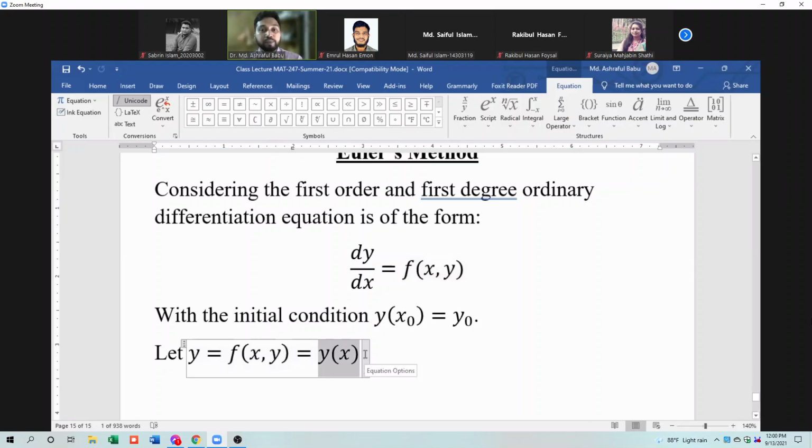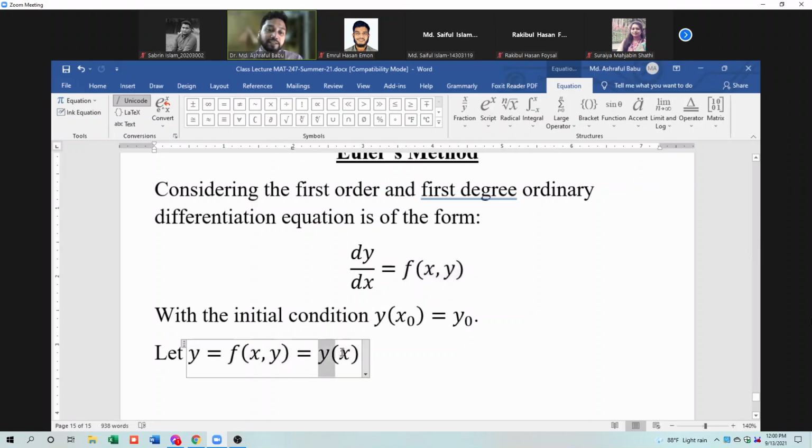Why? Because this is actually an implicit function f of x, y, that is, when we write the function in implicit form. This function basically means one independent variable and one dependent variable. That is, y is the dependent and x is the independent variable here. So if you write it in explicit form, the function will be y of x or f of x only.